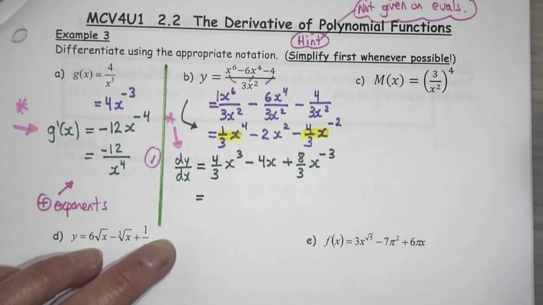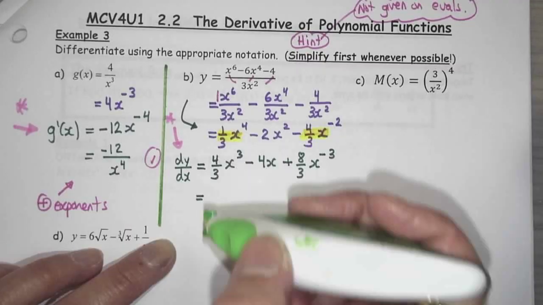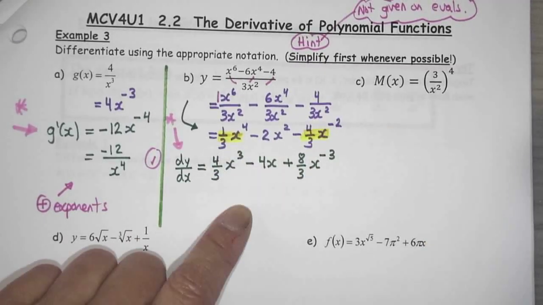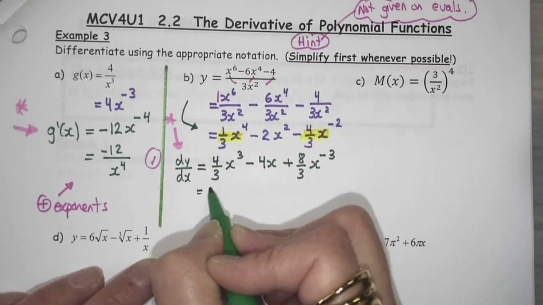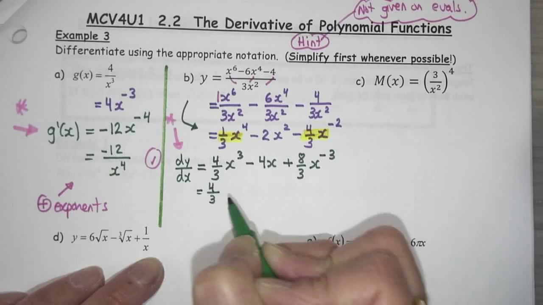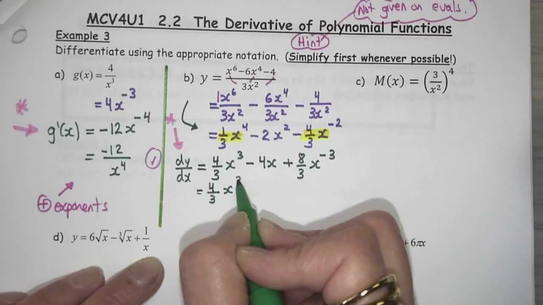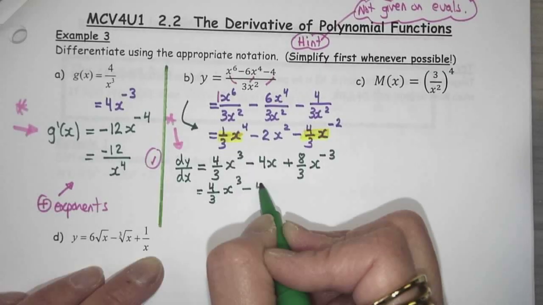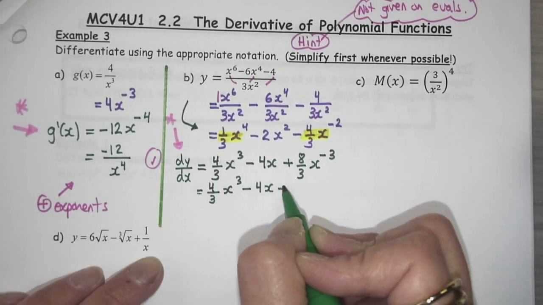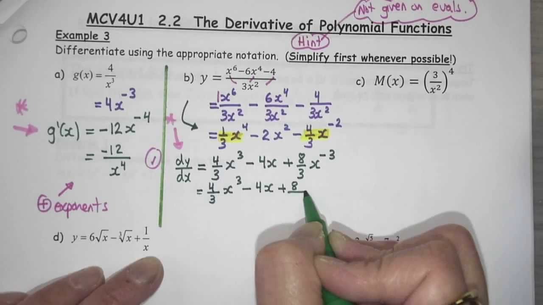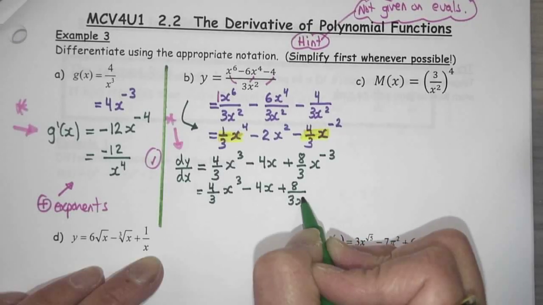I'm going to write it a little bit smaller because I want to get 2 lines in below here. So it equals 4 over 3 x to the 3 minus 4x plus 8 over 3x cubed.